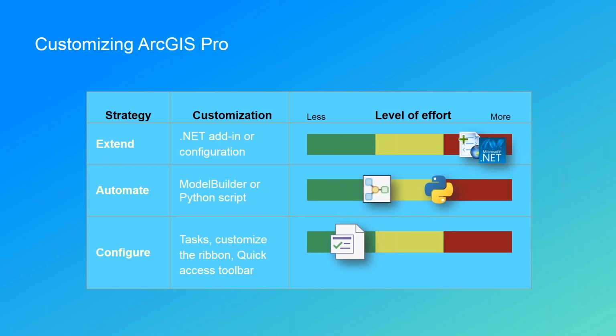Or you might start writing a Python script where you can write some code to model your workflow and then run it through a script. And then what we're here for today is to look at extending ArcGIS Pro. And to do that, we're going to be using .NET and building add-ins and configurations.